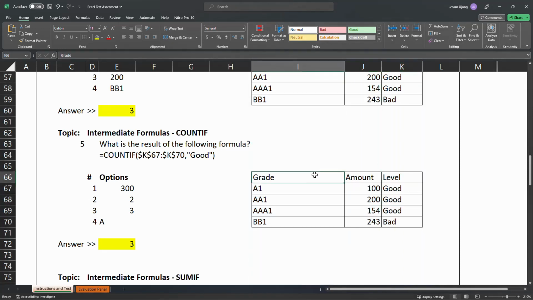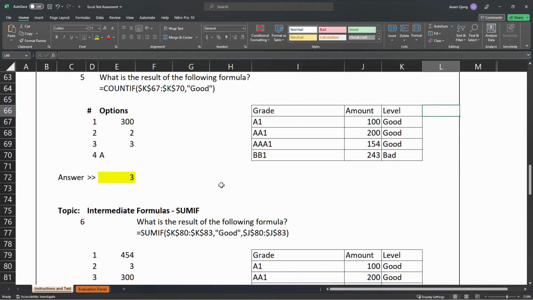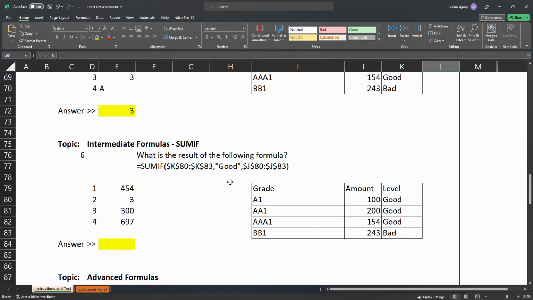Just use the right cells, whatever you're doing, and do the COUNTIF, and you will get that. Alternatively, after this session, you can have a one-on-one with any of the Femis, and they will show you the ways. If it's correct, we don't know yet. We're going to check our answers after this.